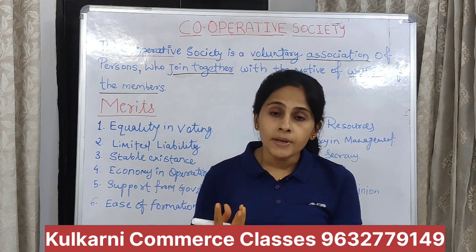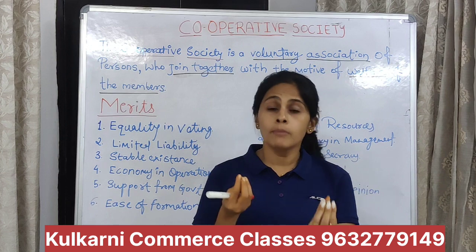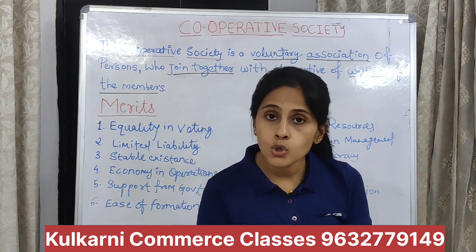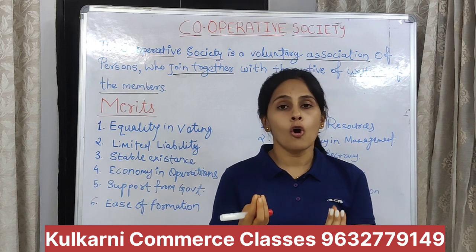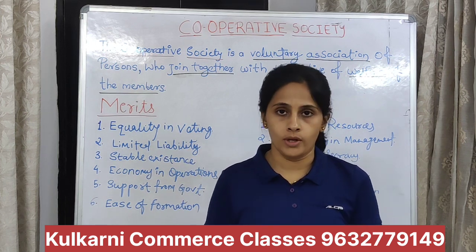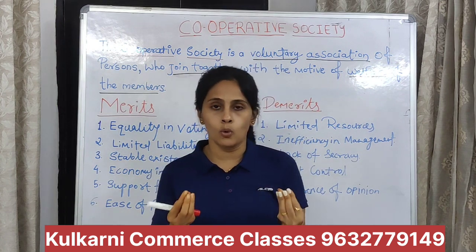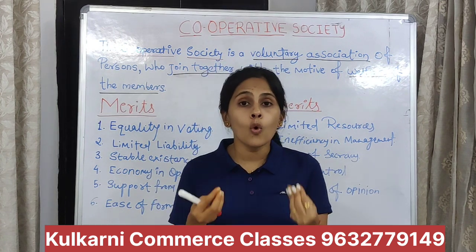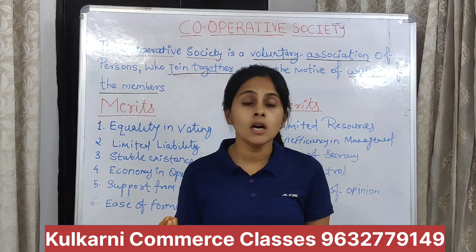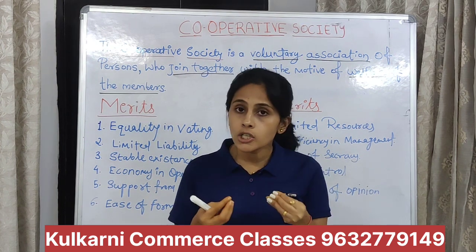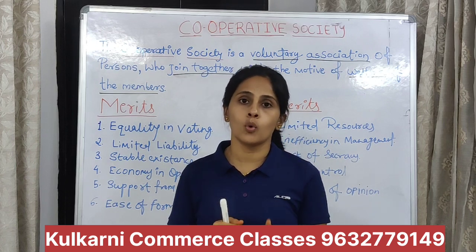The capital invested by member B is more than member A, but he will also get only one vote, because the principle says one man one vote, instead of the vote depending upon the amount of money invested or share of capital. Understood? One man one vote is the principle here.